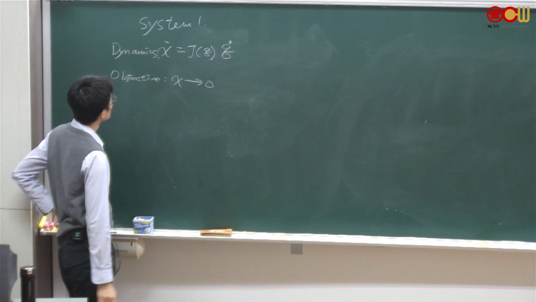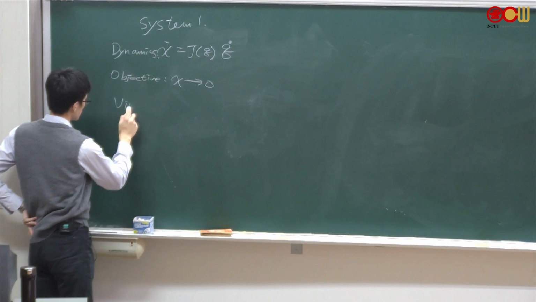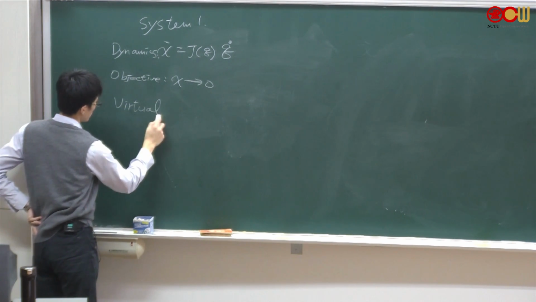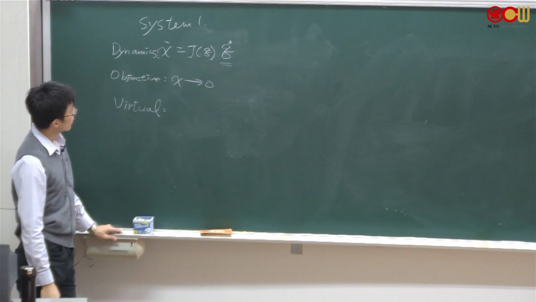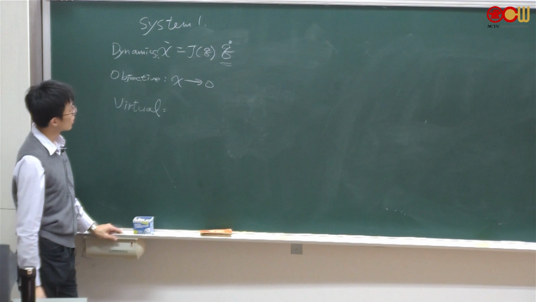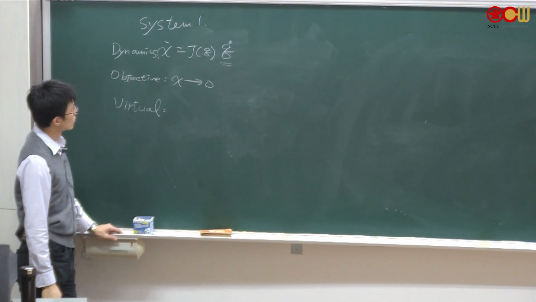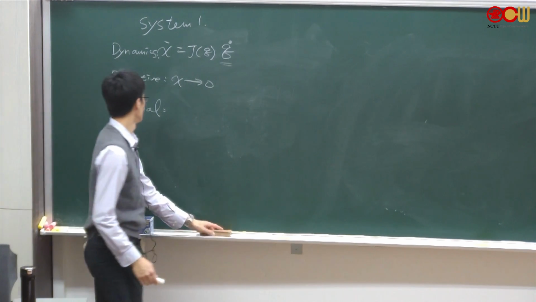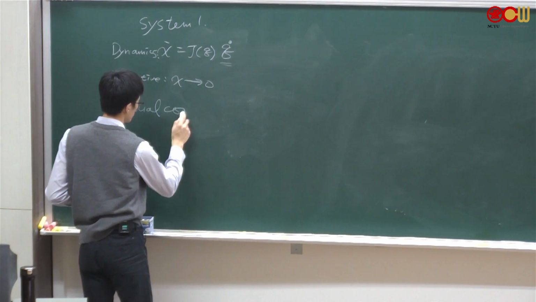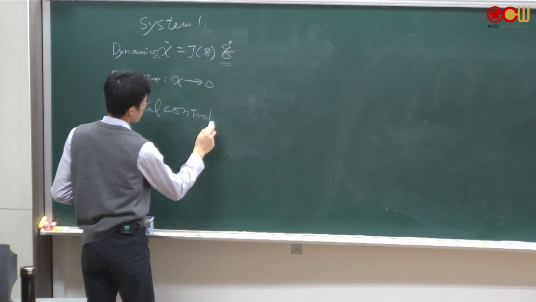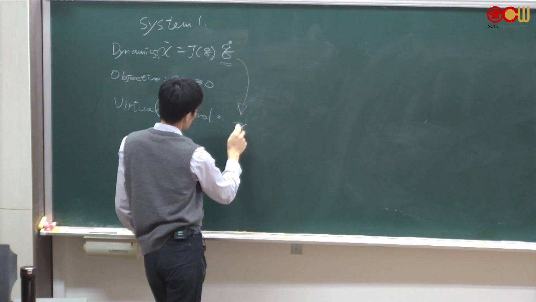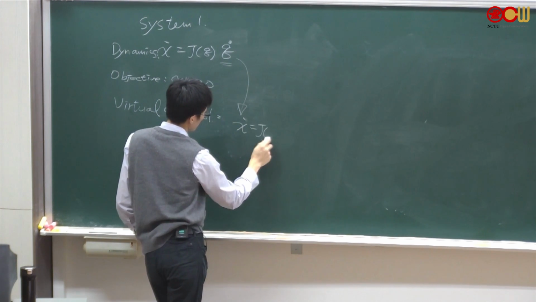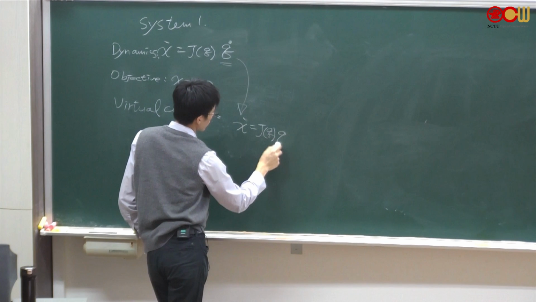Okay. So the virtual control, which is Q dot, and you need to design a virtual QD dot for Q dot to track. So this can be rewritten as X dot equals J Q Q dot.